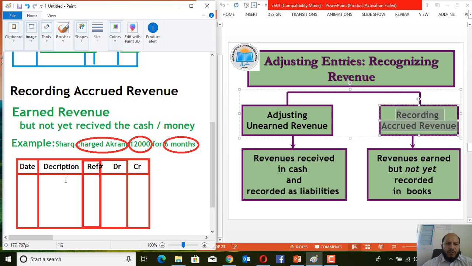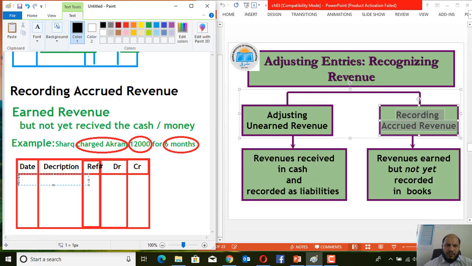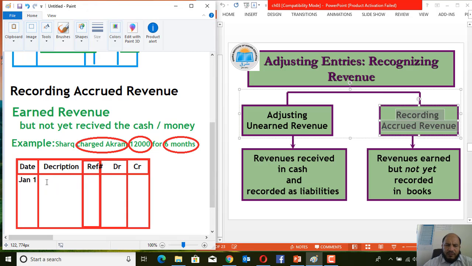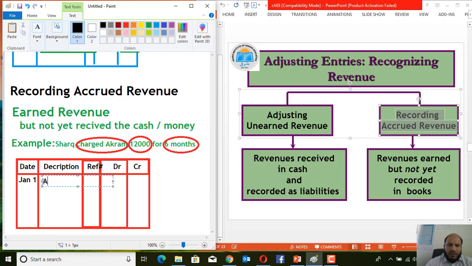Now let's make a record for Akram. So this is January 1st. We have charged Akram 12,000, but we haven't received the cash. So we have accounts receivable from Akram, and that is equal to 12,000 rupees.